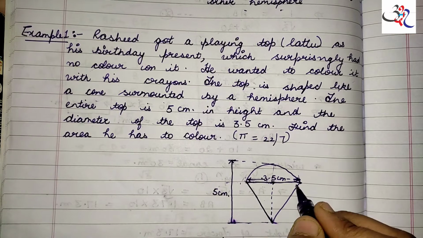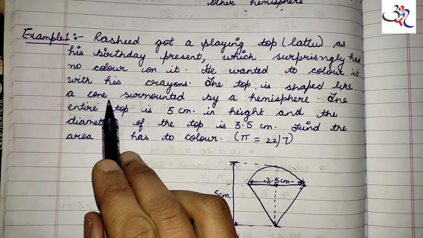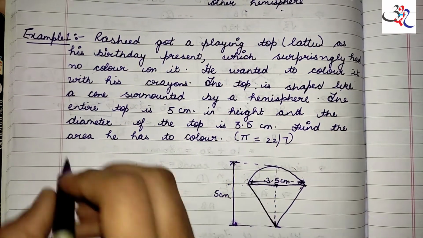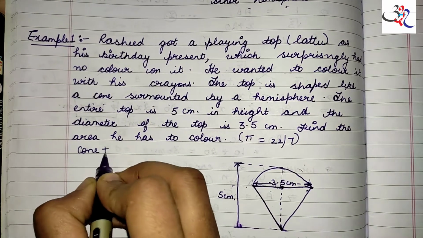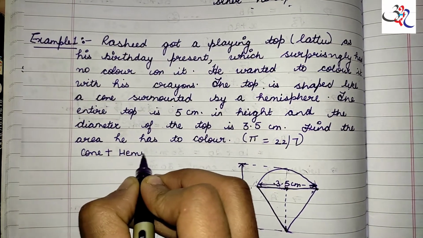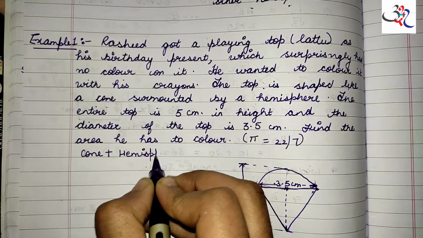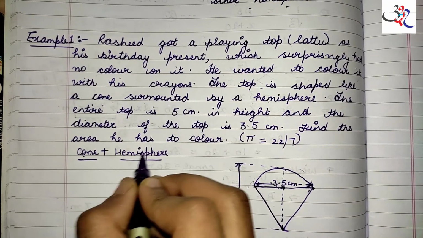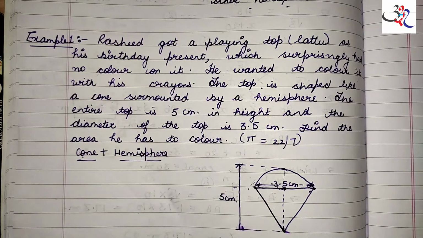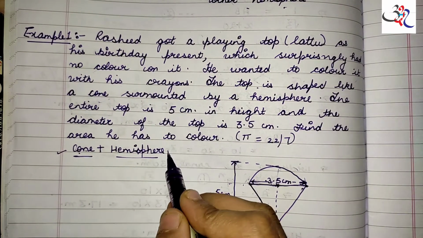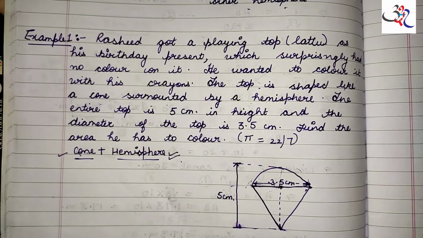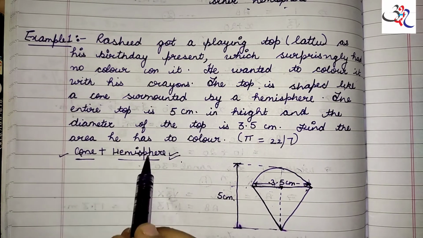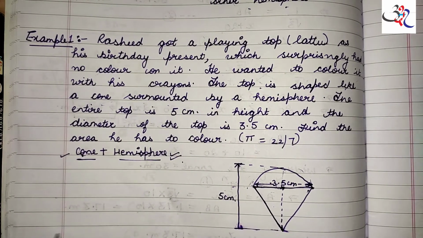So the shape is somewhat similar to a cone plus a hemisphere. So this is a combination of two different solids. Till now you have studied individually about the cone in class 9 and individually about the hemisphere, but now we will do a combination of these two figures.